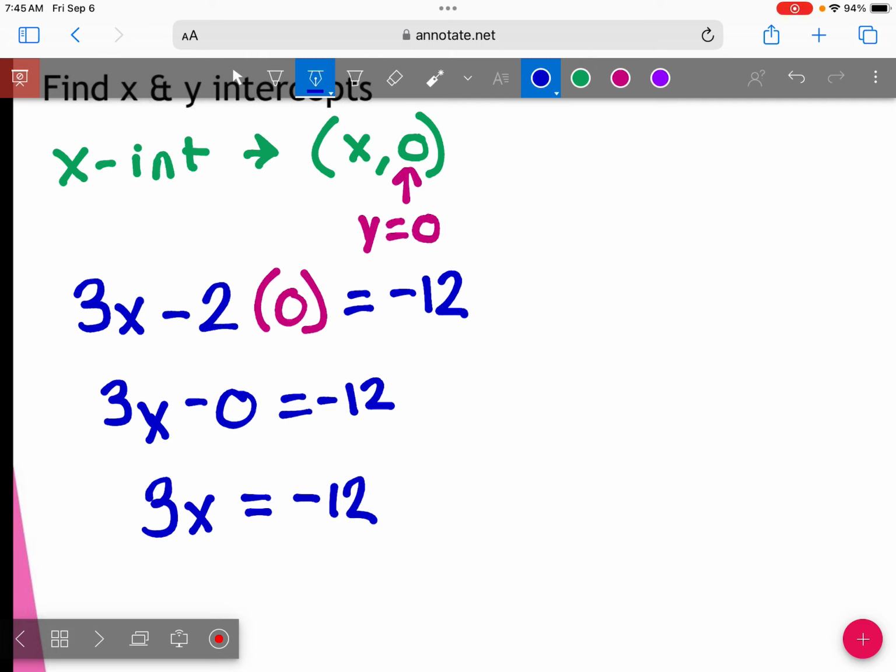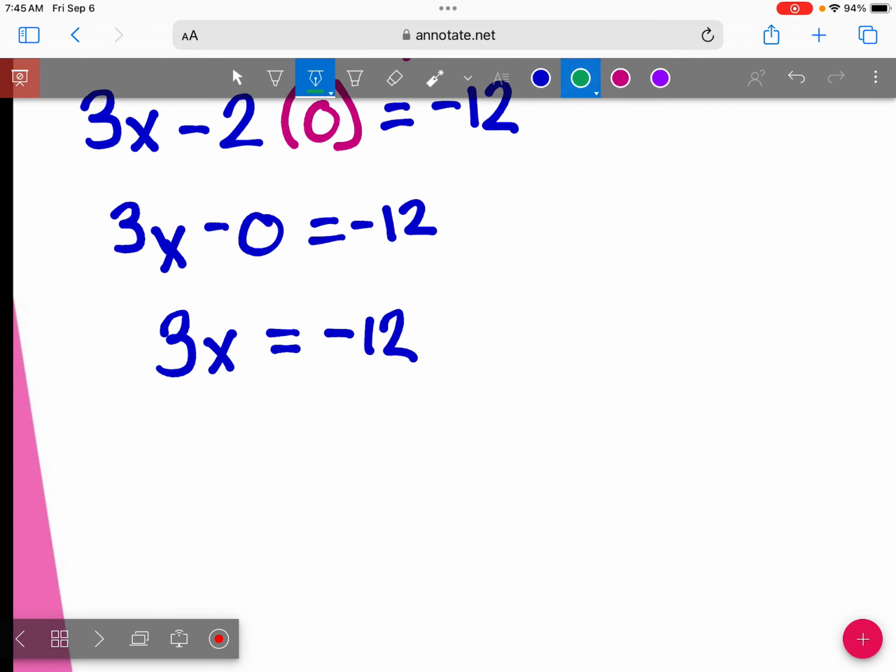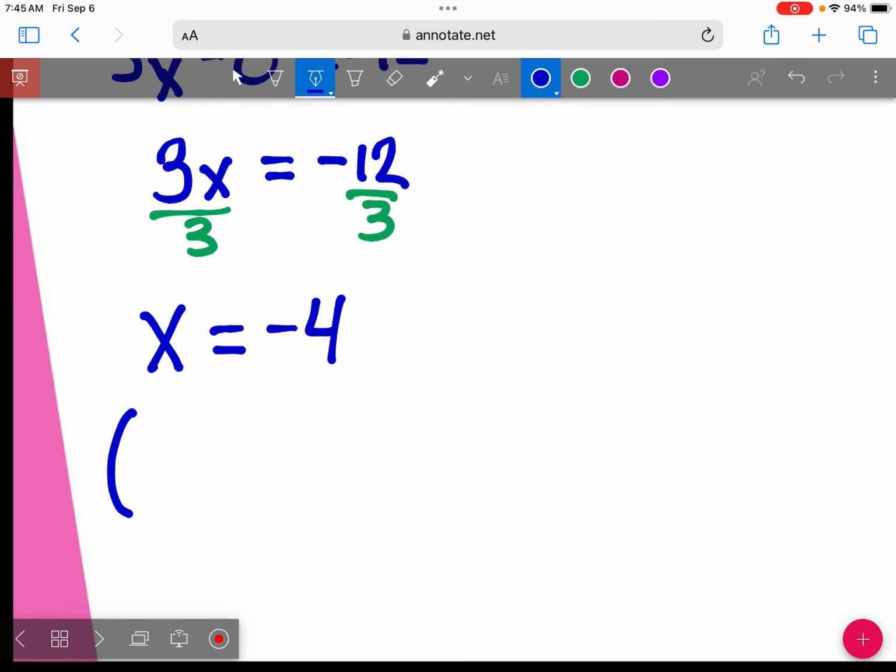So now we can divide both sides by 3. I hear a couple of us spotting it already. My x equals negative 4. So my x-intercept is at negative 4, comma, 0.